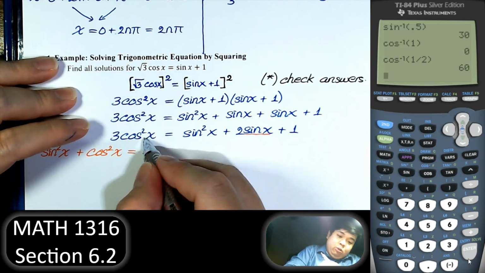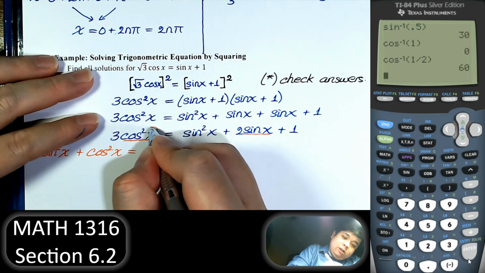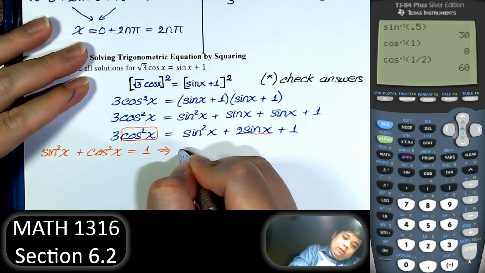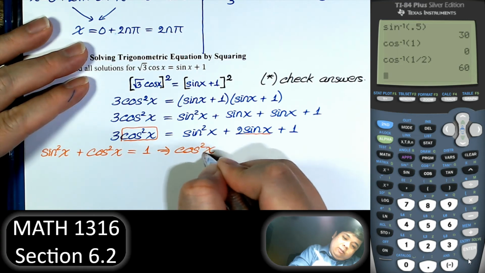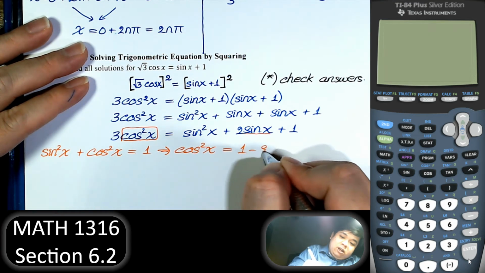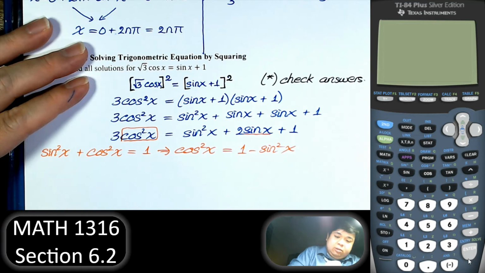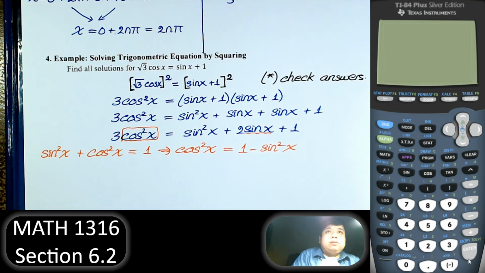So in that case, I will rewrite cosine squared as 1 minus sine squared.